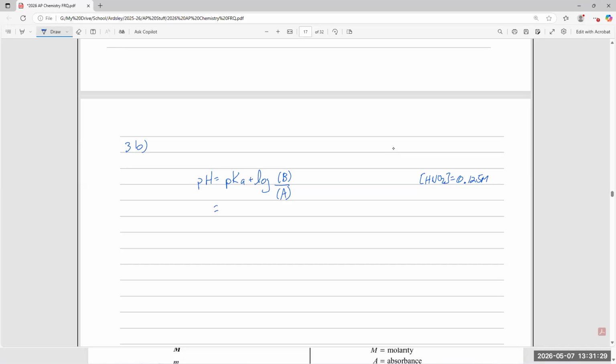So we got negative log of our Ka, which is from the problem, 5.6 times 10 to the minus 4. 5.6 times 10 to the minus 4 is our Ka, right?